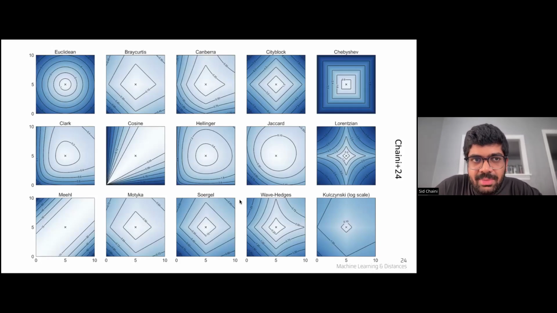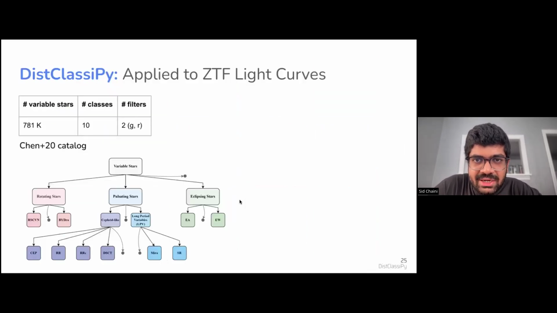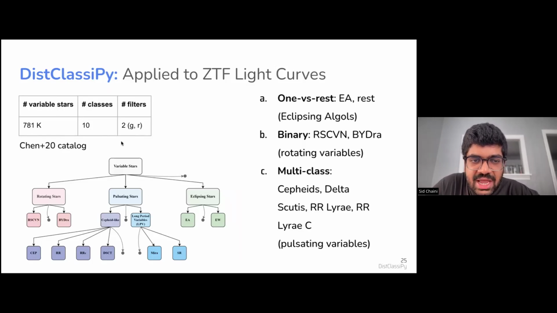So now let me talk a bit about the work we did on applying it to ZTF light curves. We looked at this catalog by Chen et al., which consists of 780,000 variable stars in 10 classes in two filters, G and R. This is what the rough classification hierarchy looks like. To develop and test this methodology, we looked at three different classification problems within this hierarchy.